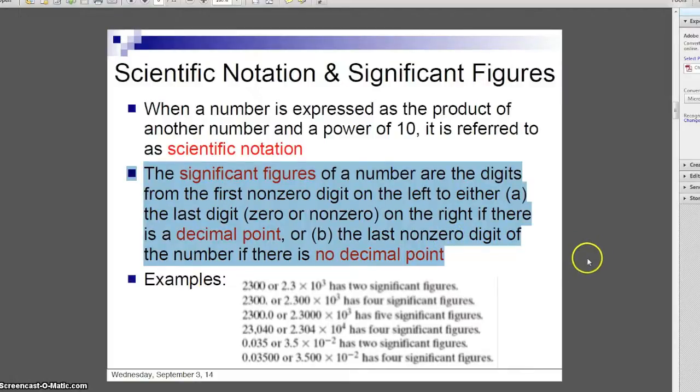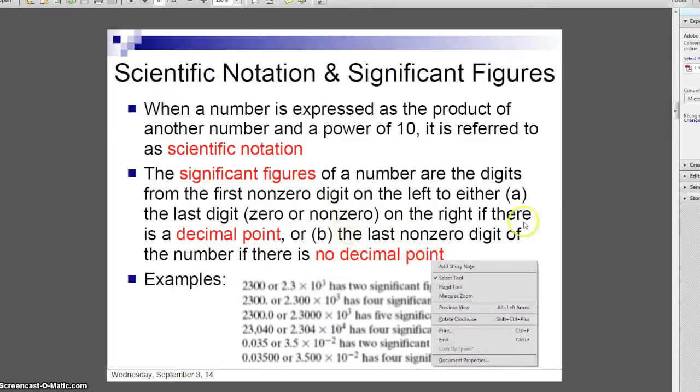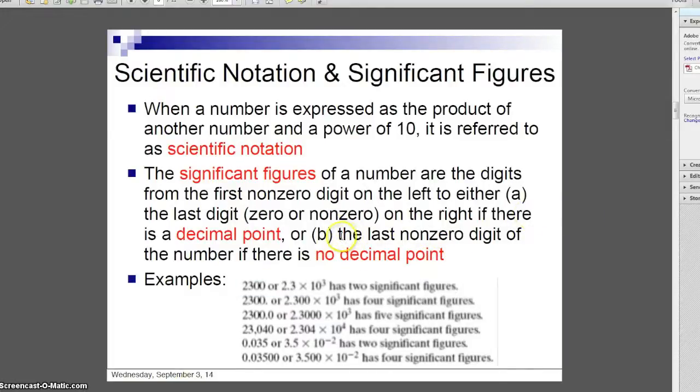Now let's look at the examples. So this is 2300 and 2.3 times 10 to the power of 3. Since 2300 has no decimal point, the significant figures end at the last non-zero digit of the number.